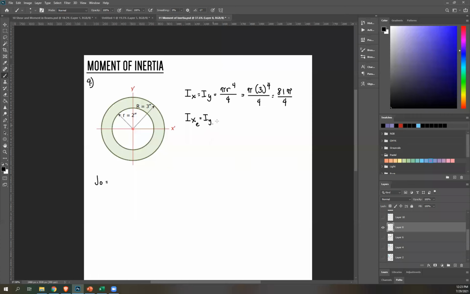So Iy, so that is I. So R here is outer radius, and then let's call it capital R. And then here the radius of our empty space is small r raised to 4 over 4. And then let's sub that value. That's 2. Please solve. What's the answer?